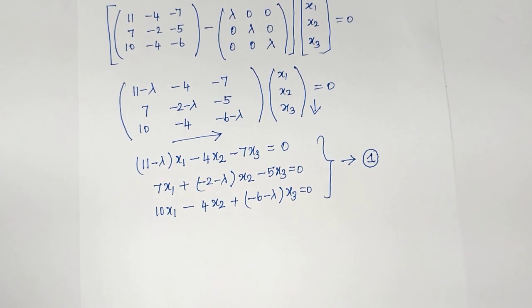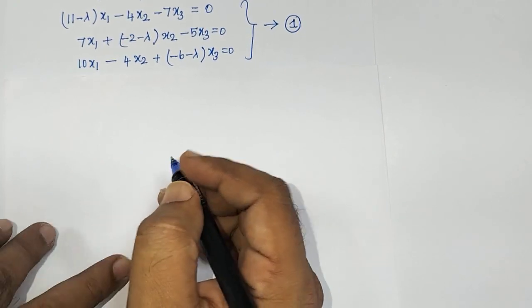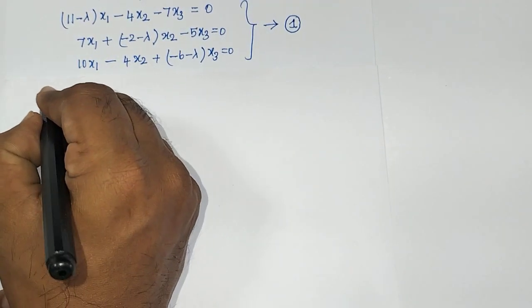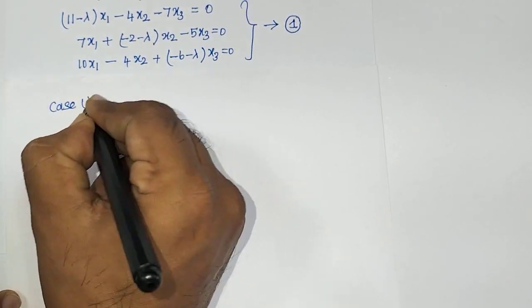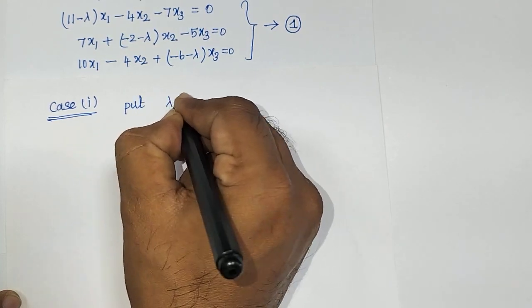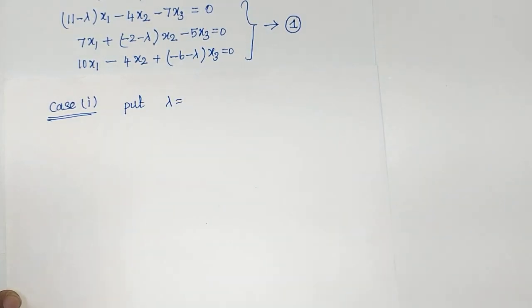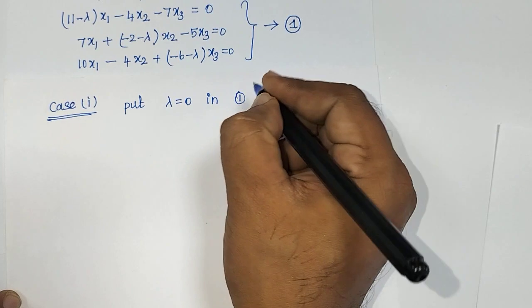Okay. Now I'm going to substitute lambda values in equation 1. So I'll take case 1. Case 1: I'm going to substitute lambda is equal to 0 in equation 1.